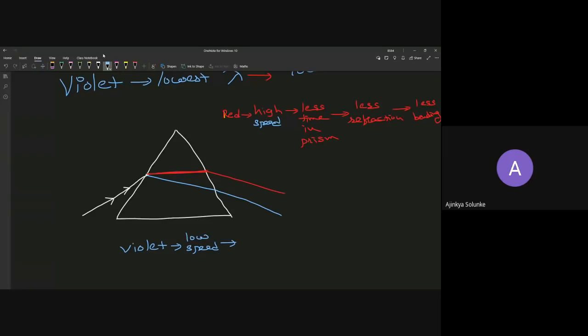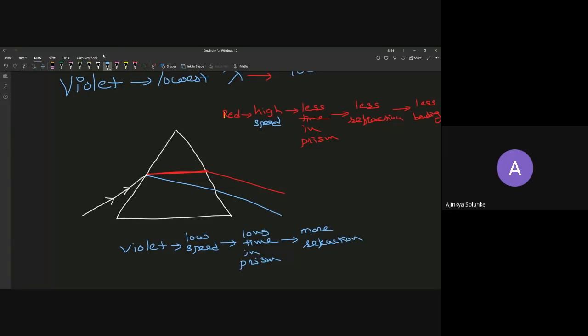Longer duration, right? Long time in prism. But if it is staying a longer time, what about the refraction? Longer the stay, more will be the refraction, right?